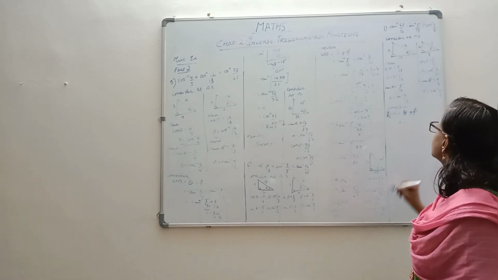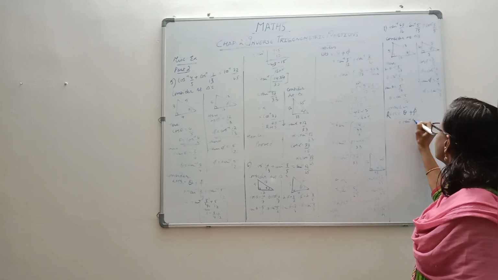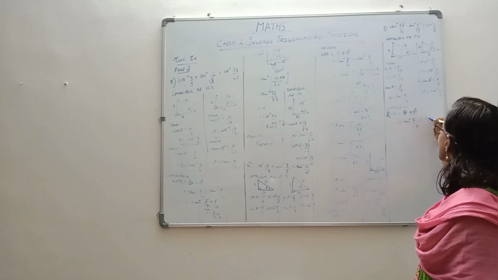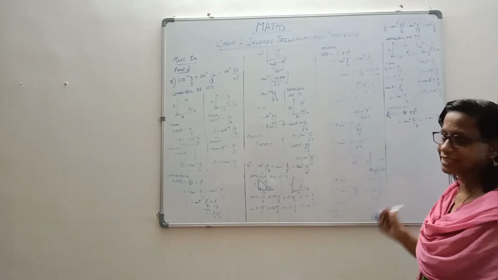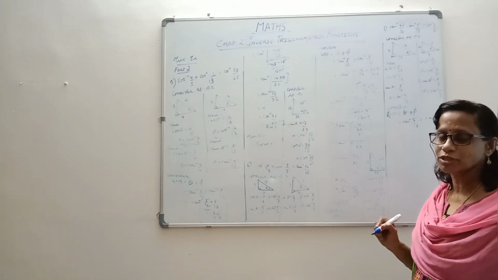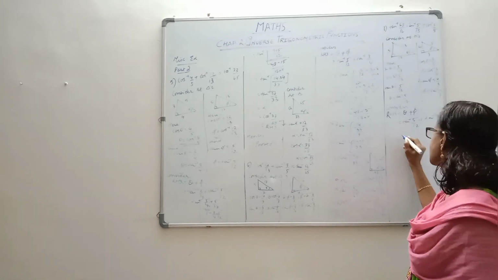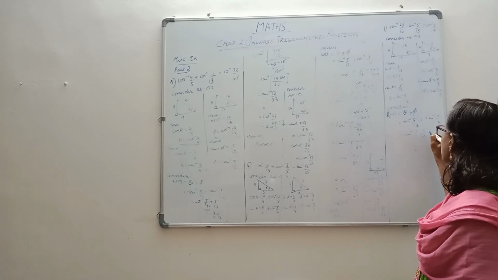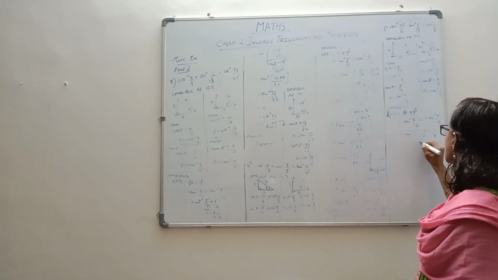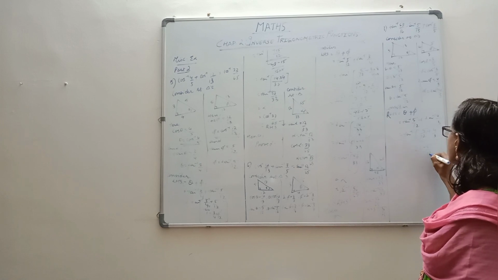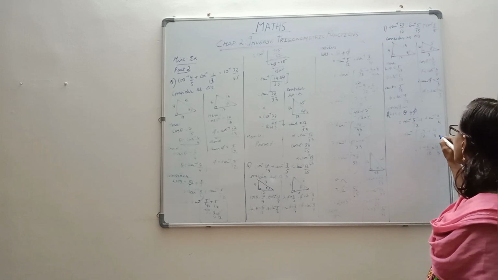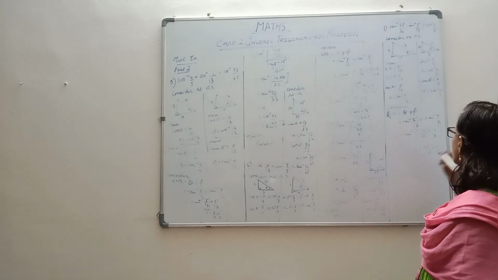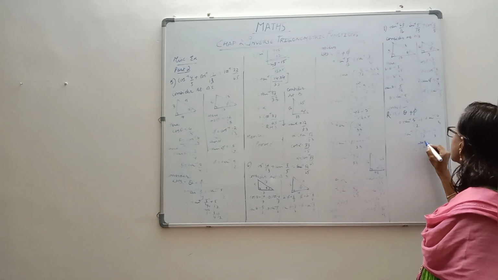So theta plus phi, which is tan inverse of 5 by 12 plus tan inverse of 4 by 3. Tan inverse of a plus tan inverse of b is tan inverse of a plus b by 1 minus ab. So tan inverse of 5 by 12 plus 4 by 3 by 1 minus 5 by 12 into 4 by 3. Equalizing into 4 into 4 into 12 into 3.